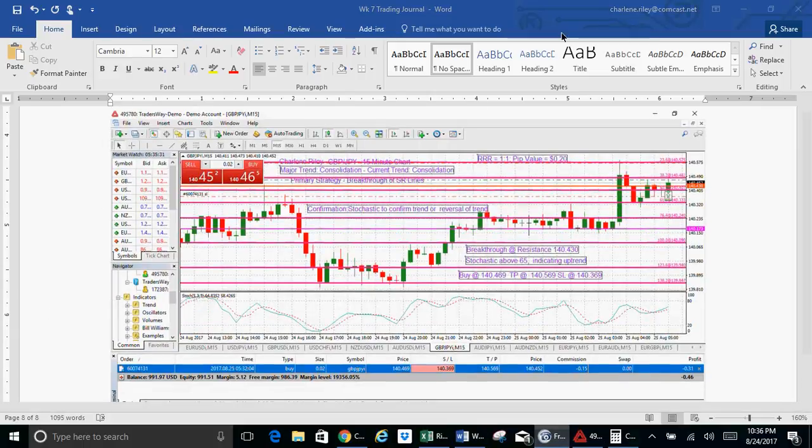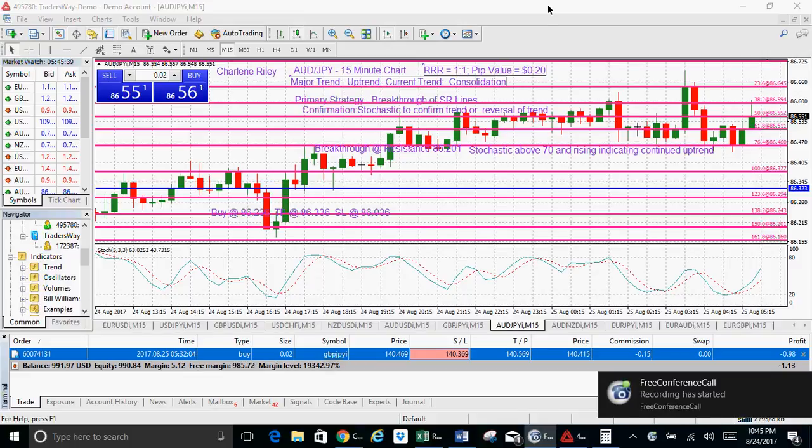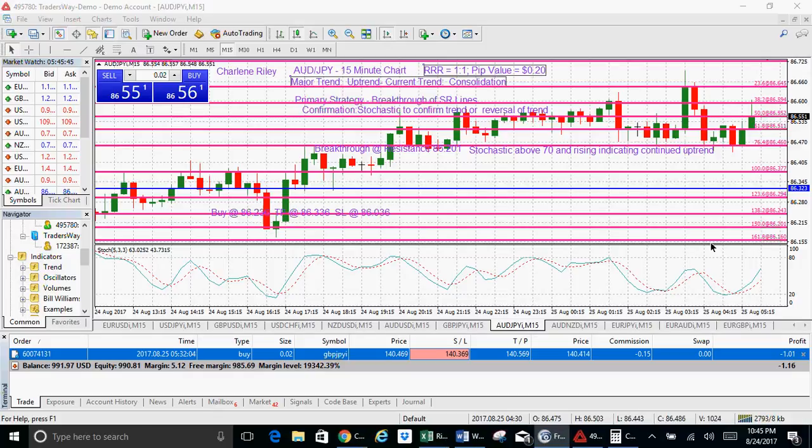Okay. So for my Australian dollar JPY 15-minute chart, my trade setup is a break above the 86.952 line, and with confirmation from the stochastic, if that occurs, I would enter into a buy.